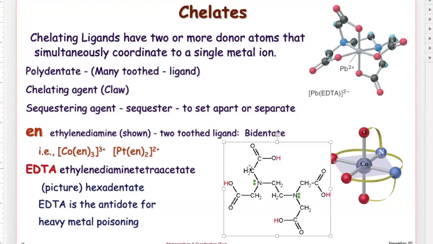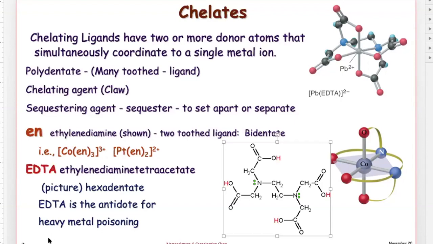So when you break down the name, you can see how the name gives you information about the structure. Ethylene means that you have 2 carbons in the center. Diamine means you've got 2 nitrogens attached to those. And then tetra means 4 acetate groups. 1, 2, 3, 4. It looks like a very intimidating molecule, but it really isn't.